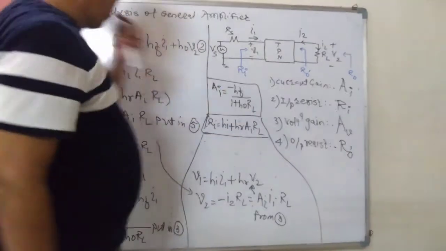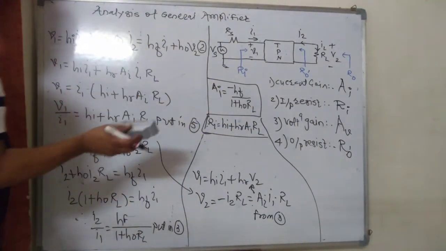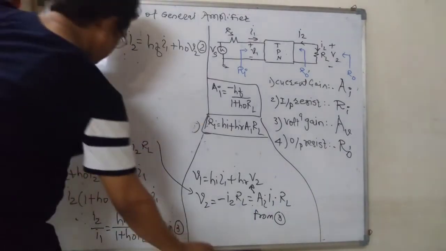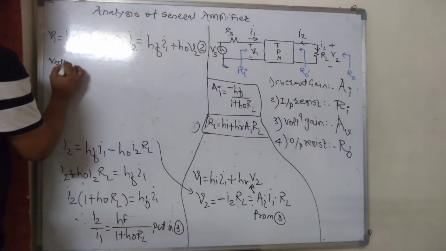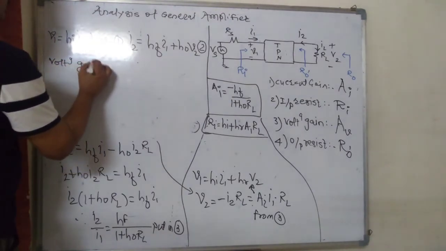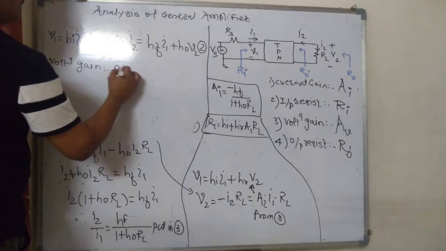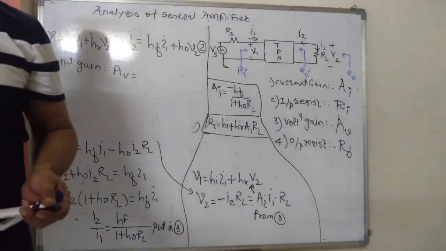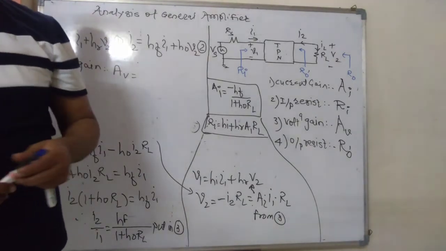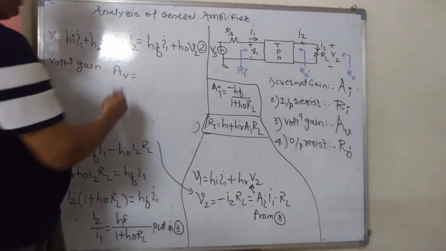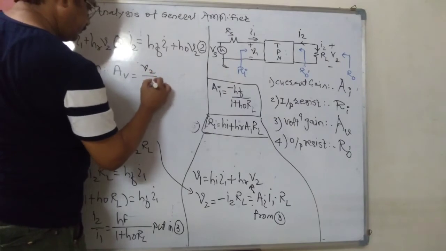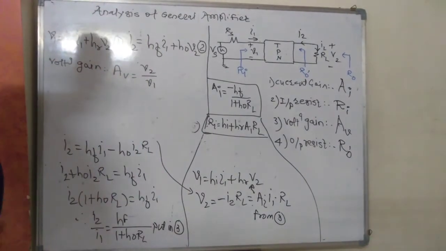Now the third one is voltage gain, A_V, which is output voltage upon input voltage, V_2 upon V_1.